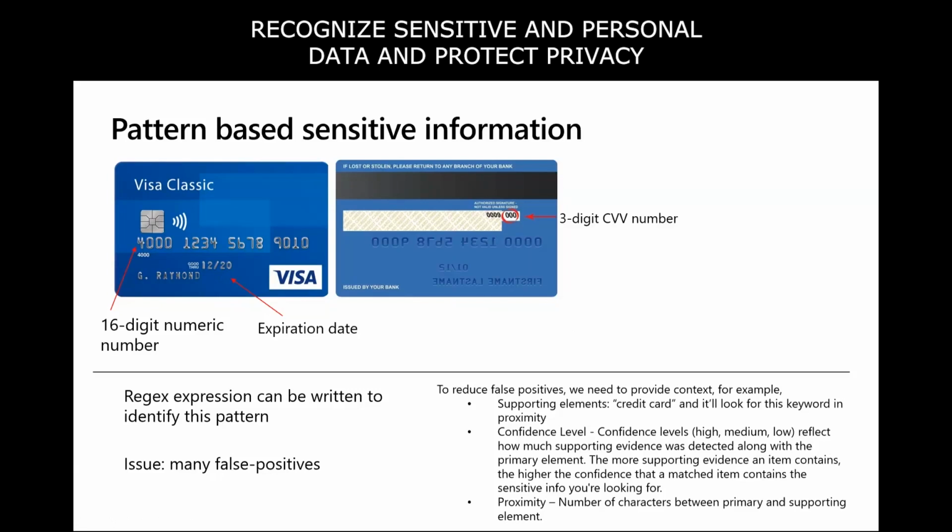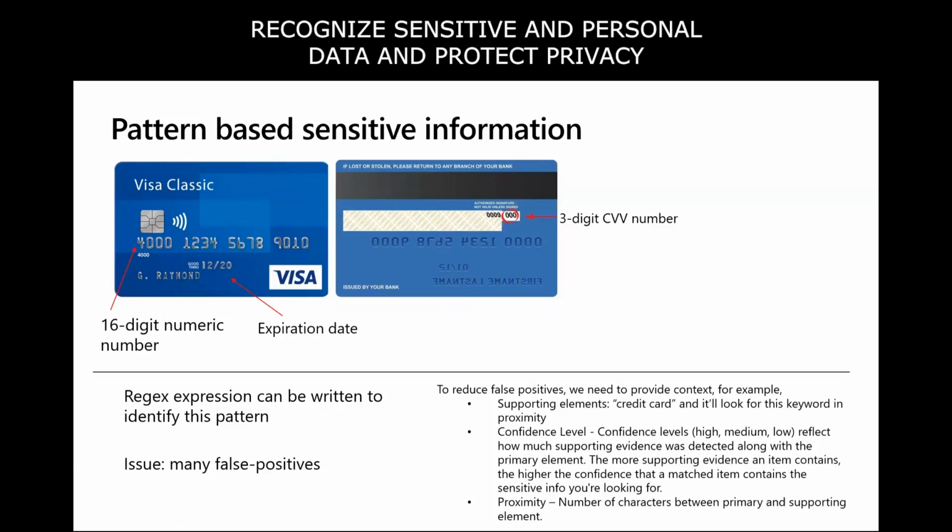Now, one issue is that it may have many false positives, because any 16-digit number, whether it's a credit card number or not, can be detected as sensitive information, right? And you don't want that to happen. So in that scenario, some of the tools take into consideration other supporting elements, such as confidence level or proximity.